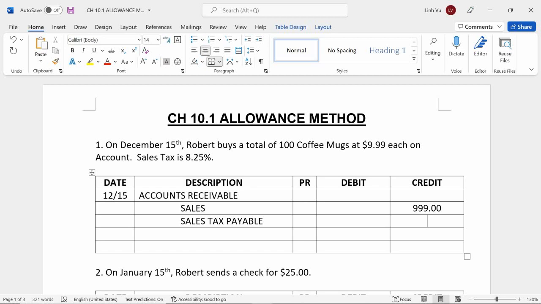So now after the three 9s, you're going to multiply by 0.0825.